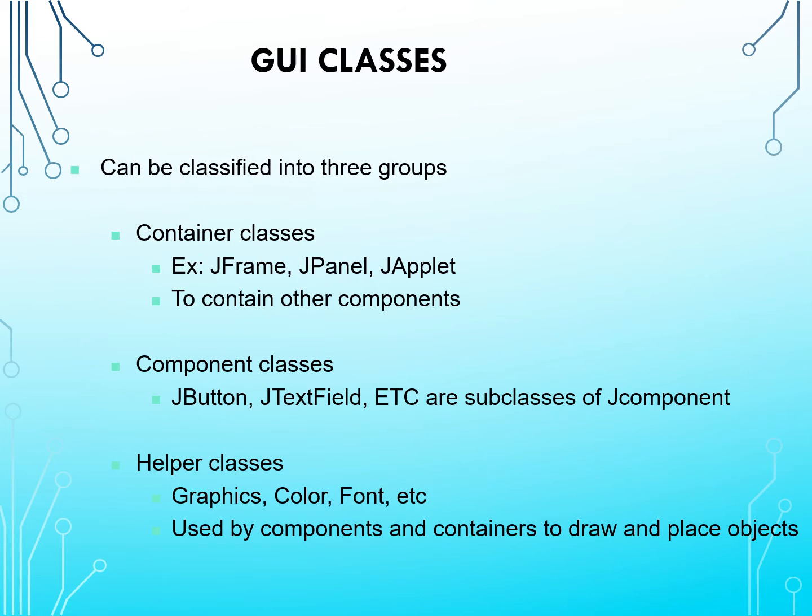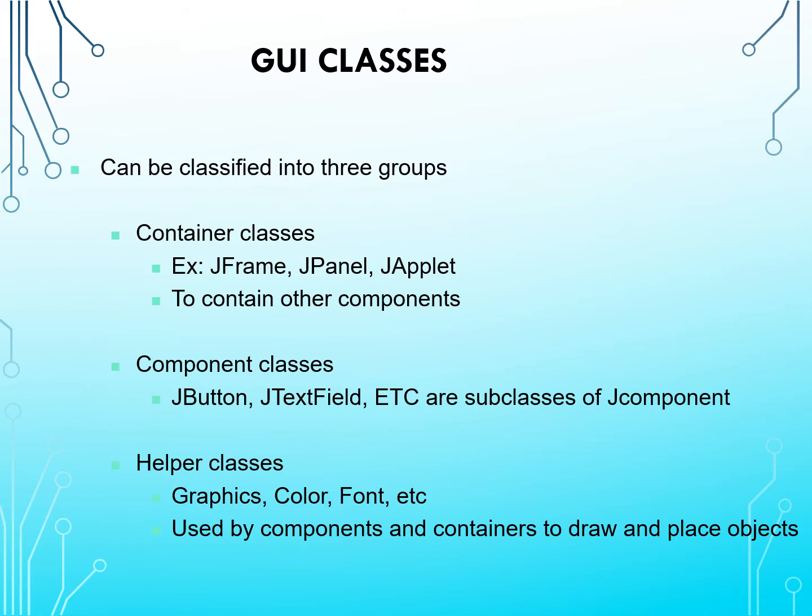All the classes that we have seen just now can basically be grouped into three. The first part is the container. This is like an area, a space, where we can put many other objects. Then we have components.